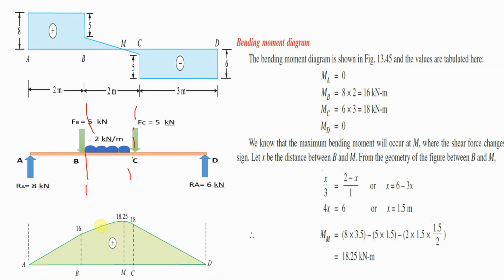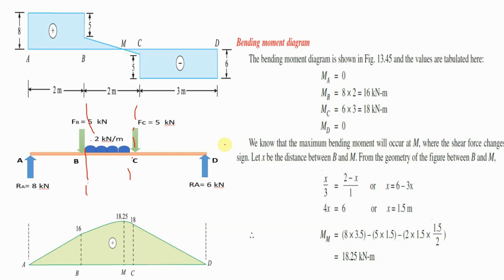Then to find the value of maximum bending moment, we know that at point M the shear force has 0 value, and at that point we get the maximum bending moment. So the maximum bending moment will occur at M, where the shear force changes sign.